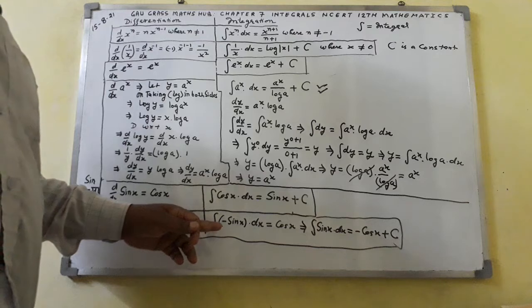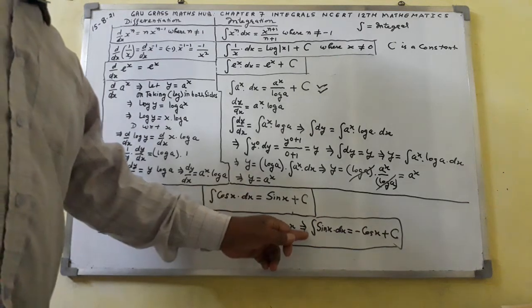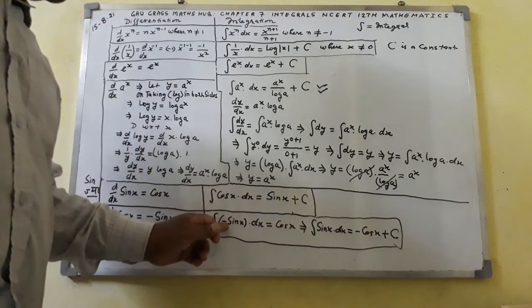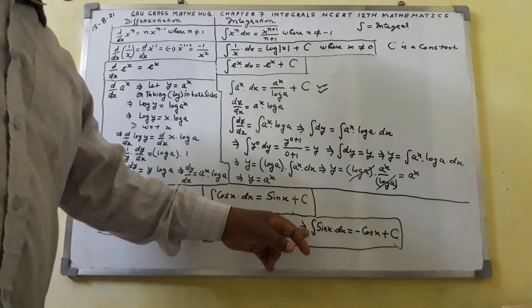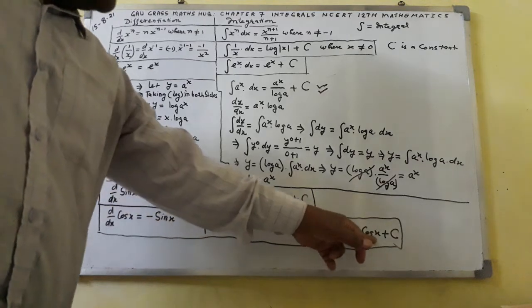Integral in bracket minus sin x dot dx equal to cos x, implied that this minus will be thrown back to the right hand side. You will get integral sin x dot dx equal to minus cos x plus c.